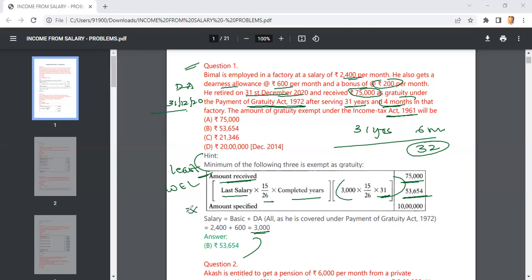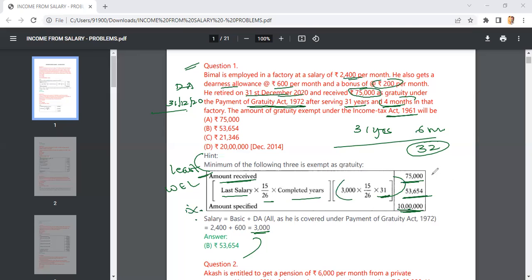And the amount specified. This is the most important thing. If an employee is covered under the Gratuity Act, 10 lakh is the fixed amount you have to take. If an employee is not covered under the Gratuity Act, you'll take 20 lakh over here. This is the actual amount that you have to take, there is no change in this amount.